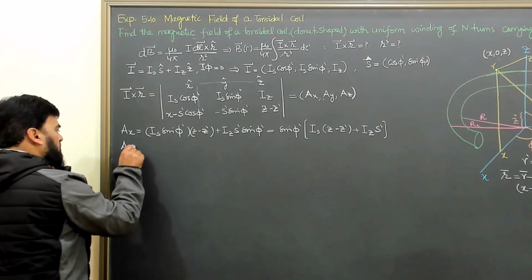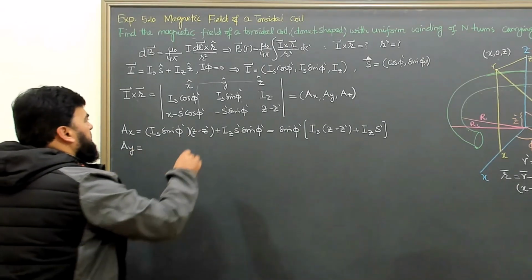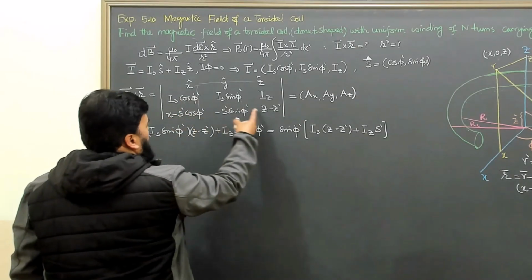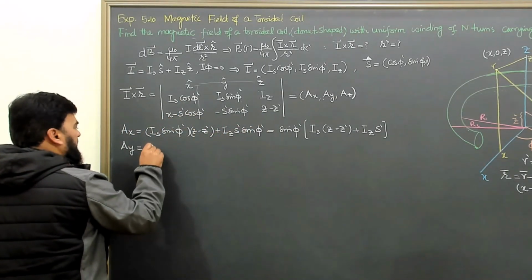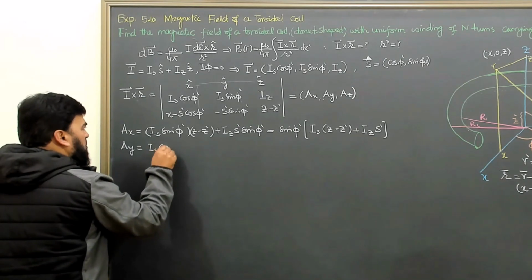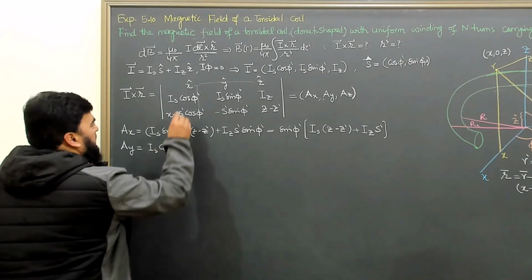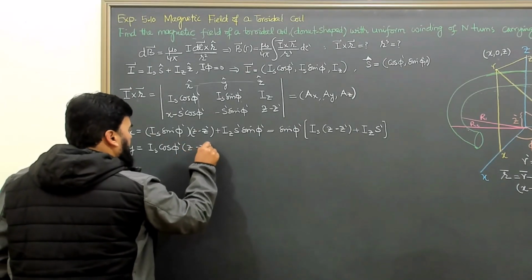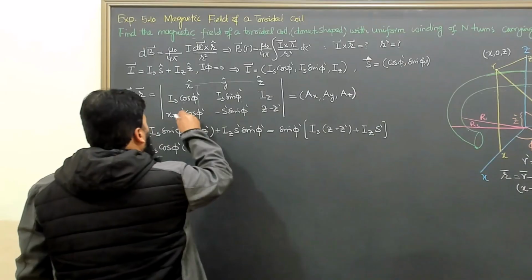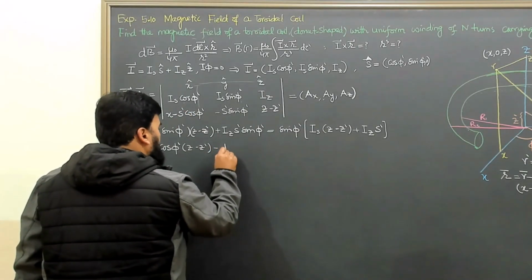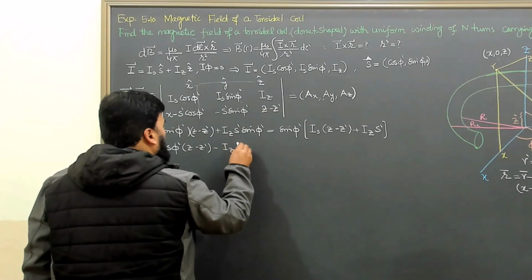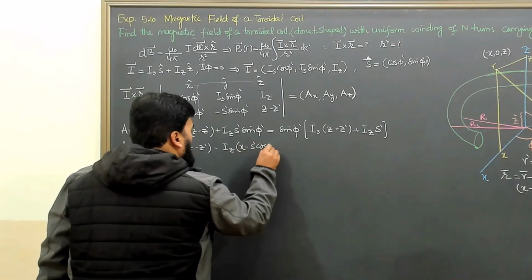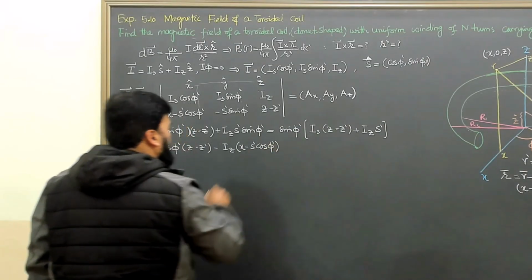Similarly, the value of AY. What about AY? We will have to cancel this point here. So this is multiplied with this one. So IS cos phi prime is multiplied with z minus z prime, and then minus IZ multiplied with x minus S prime cos phi prime.